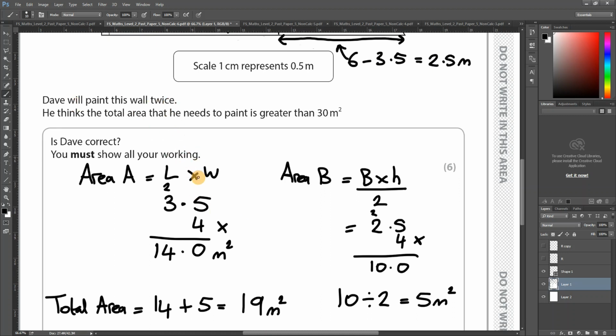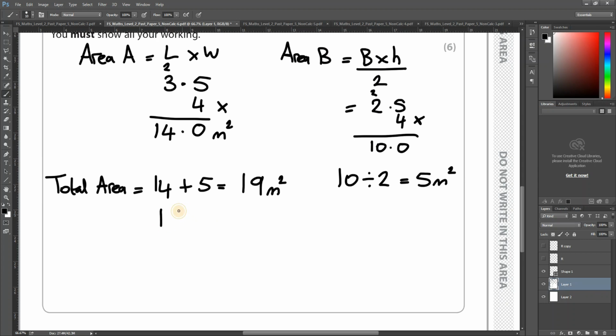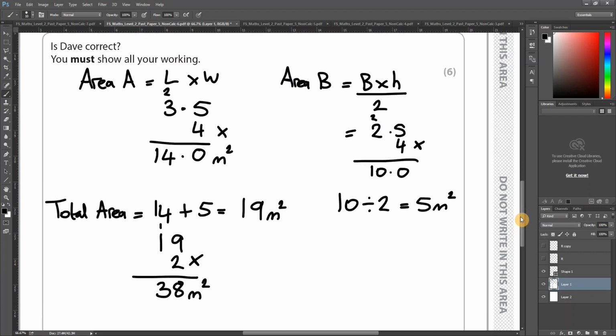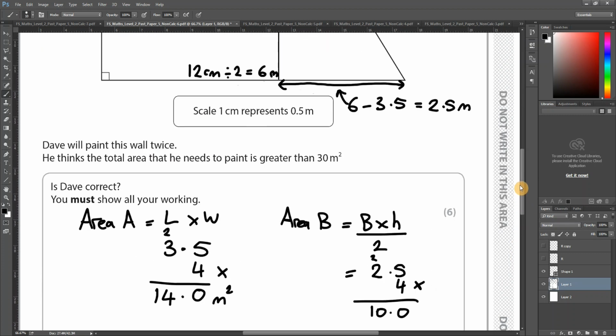He's going to paint it twice, so we're going to have to double that. So 19 times 2, let's work that out. So that's going to be 9 times 2, which is 18. Carry the 1. 1 times 2 is 2, plus the 1 is 3. Ooh, right. So when he paints the wall twice, he's going to need 38 meters squared.